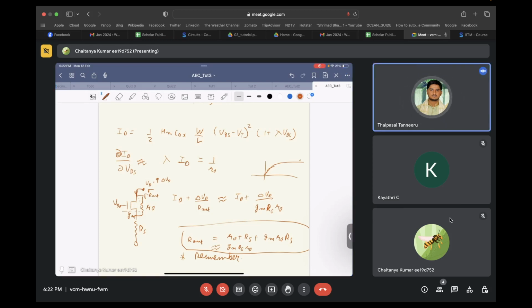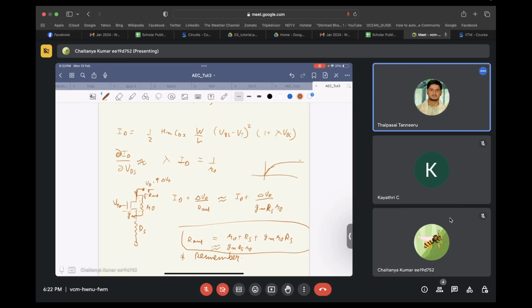Sir, one more thing, here early voltage will be considered, no? Early voltage concept is not considered in MOSFET. That is a concept of BJT. That is equivalent to channel length modulation in MOSFET.